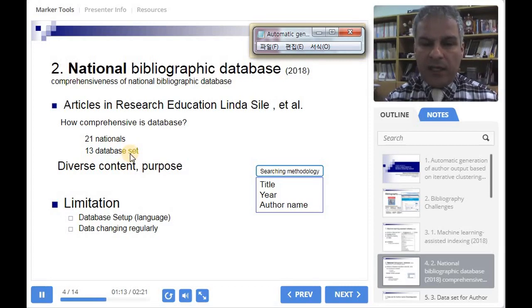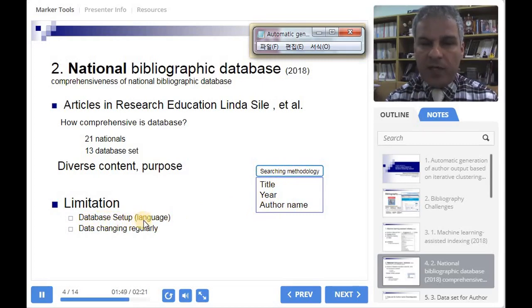Later, they ended up with diverse content and similar content with different purposes, because each national uses different purposes of content in their database. In their searching methodology, they use title, year, and author name. Limitation of this work was when they were setting up the database.